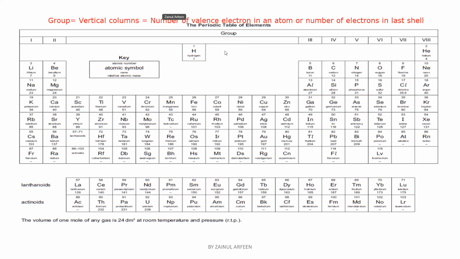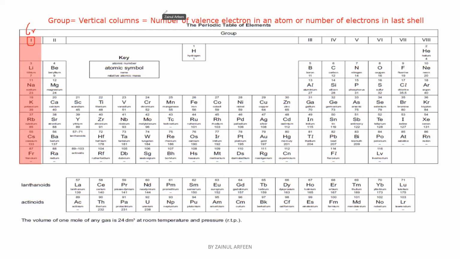So when you check the groups, the vertical columns, the first one, this is group 1. I will use the shades here to represent. So this shade is representing group 1. And this Roman numeral I you can see here is showing the group number.